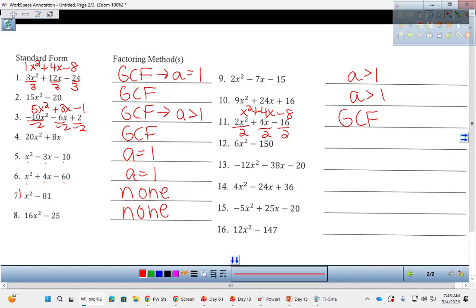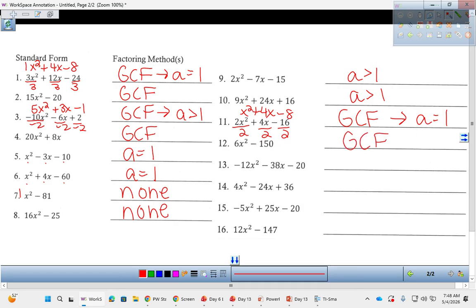So this is a GCF to an A equals 1. Number 12 is a binomial, so I'm thinking maybe it could be a GCF. Is there a GCF between 6 and 150? There is. What can I divide out between both of those? Definitely a 3 at least, right? Because 15 goes into 3, so I know it definitely is at least 3. So there is a GCF here.